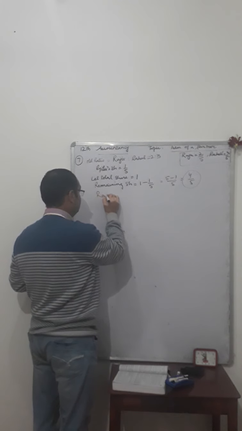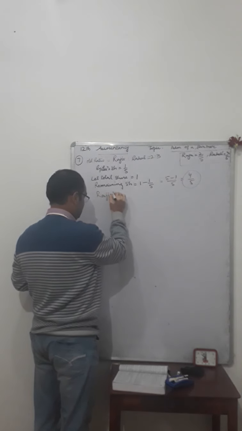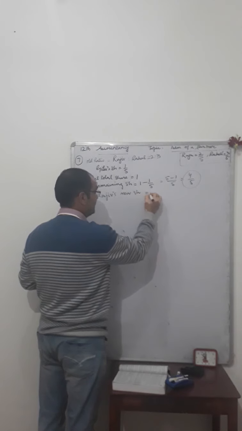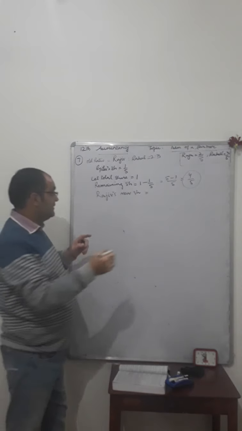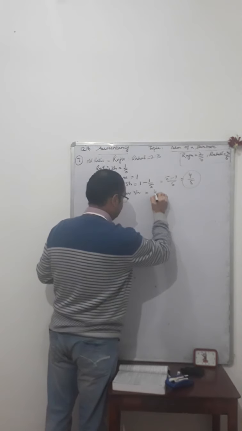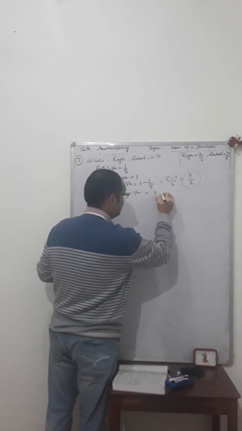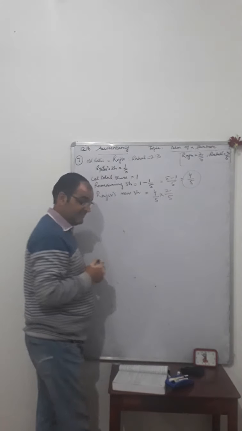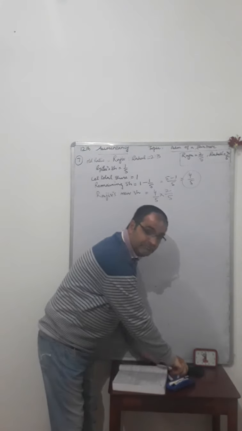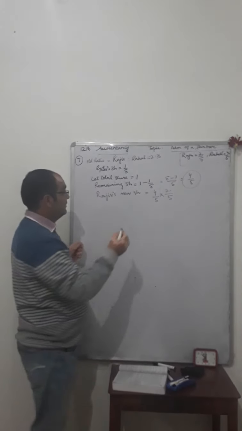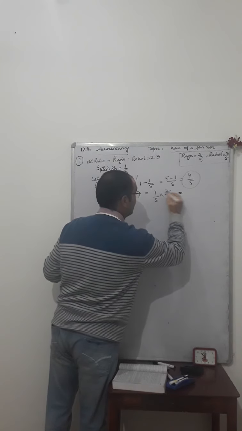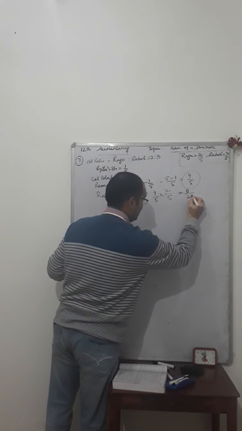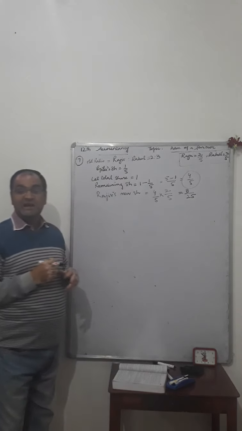Raju's new share is equal to this remaining share 4/5 into Raju's old share, that is 2/5, which is equal to 4 twos are 8 over 5 fives are 25, that is 8/25.